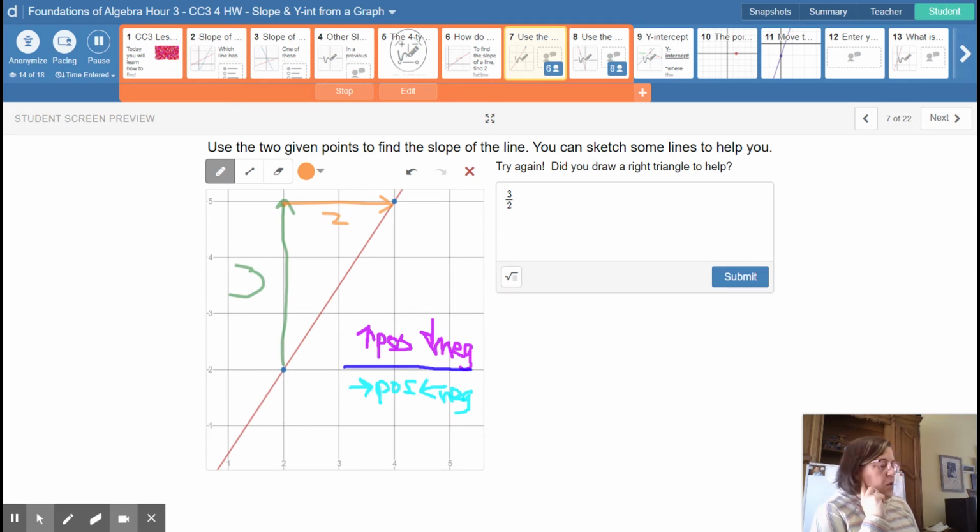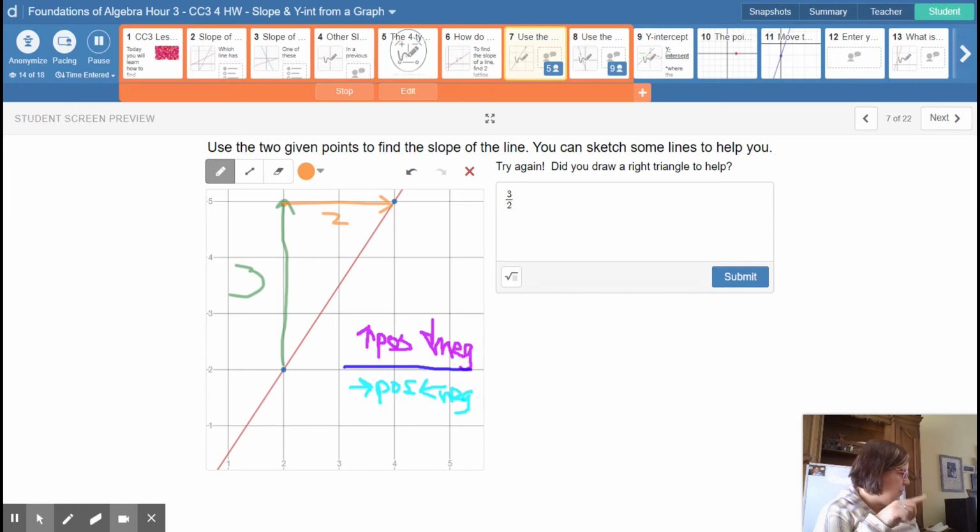Brenda, I'm looking in Go Guardian. Nice job on your slide 8 in terms of your triangle. I didn't look to see what you have for your fraction yet, though. Brian, on slide 8, draw that triangle, buddy. Adrian, your triangle's perfect on slide 8.